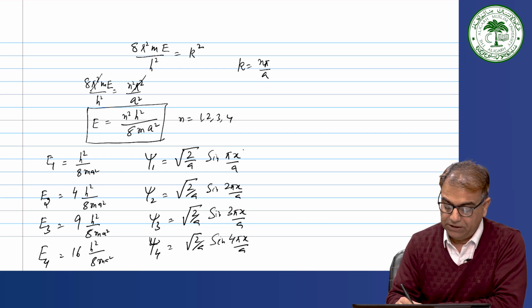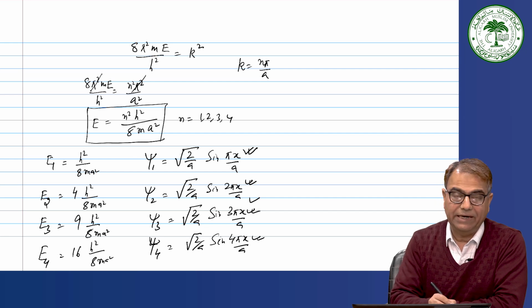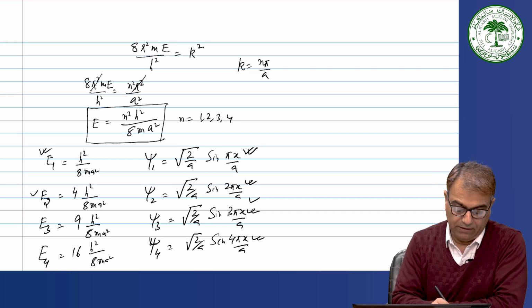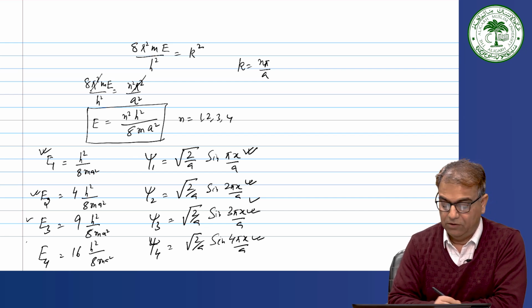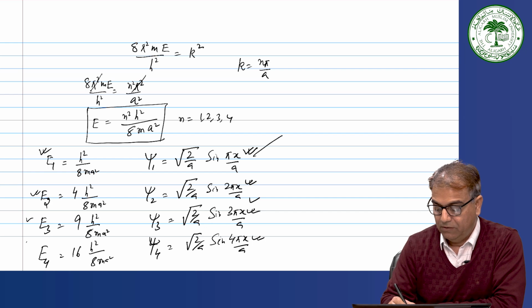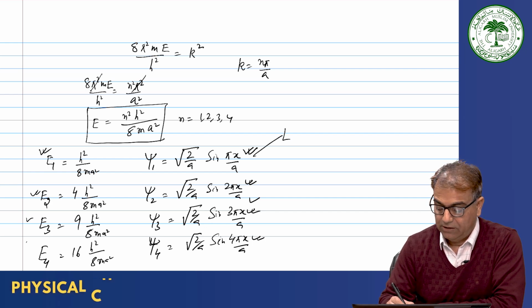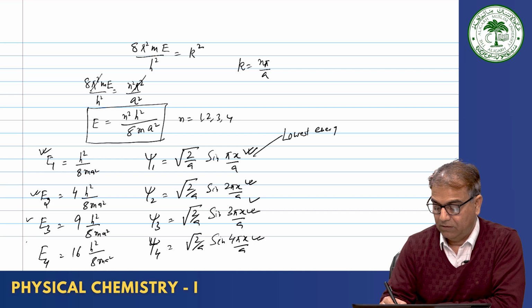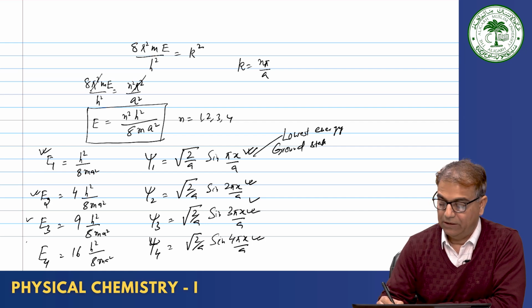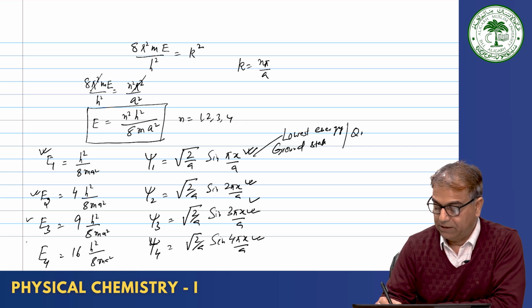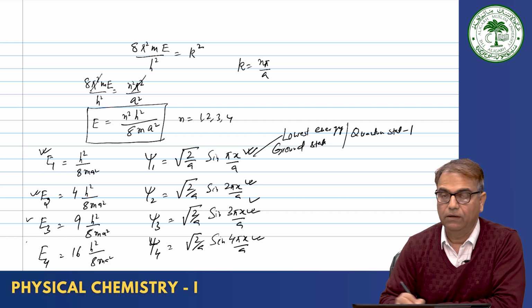So each of these wave functions characterizes one energy level. We say this is the lowest energy, the ground state, quantum state 1.